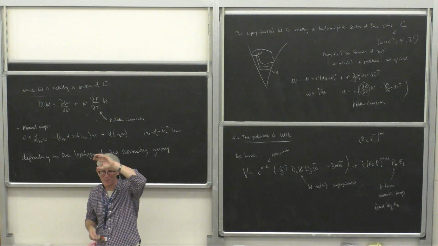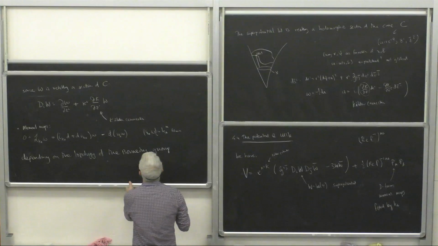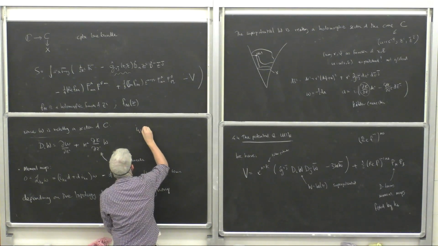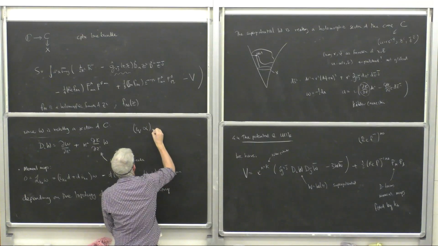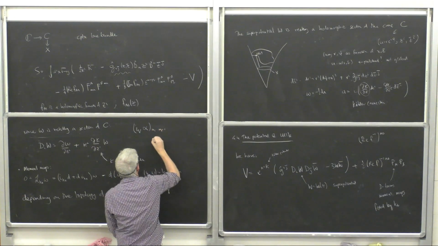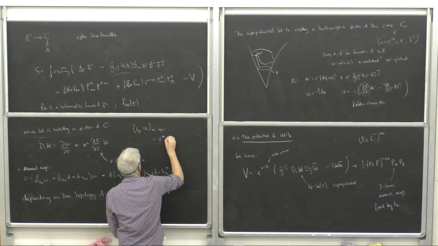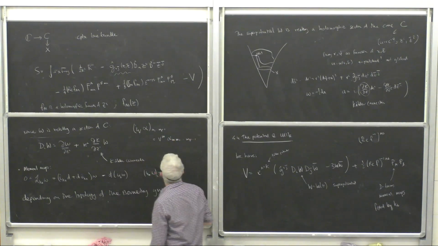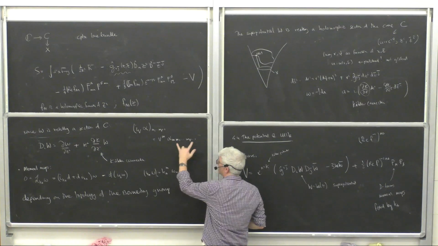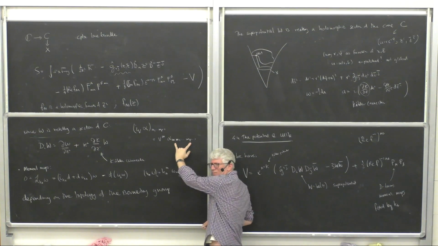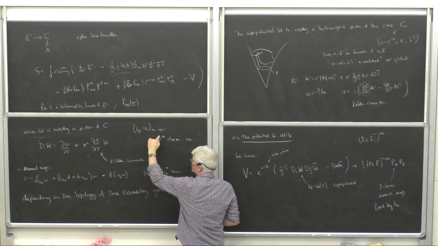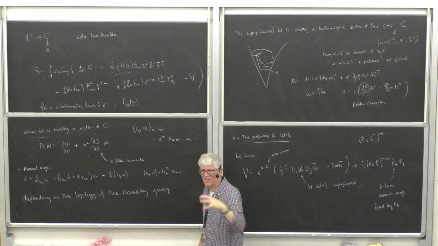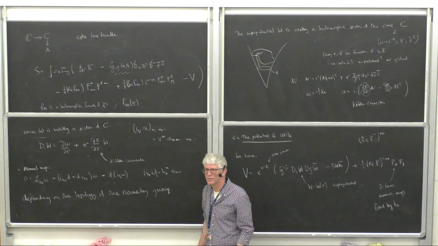By definition, i_V of a form alpha with indices M1 up to M_{p-1} is V^M alpha_{M M1 ... M_{p-1}}. So if I've got a form which has p indices on it, anti-symmetrized, i_V means take the vector and contract on the first index. So it takes the form down by 1.